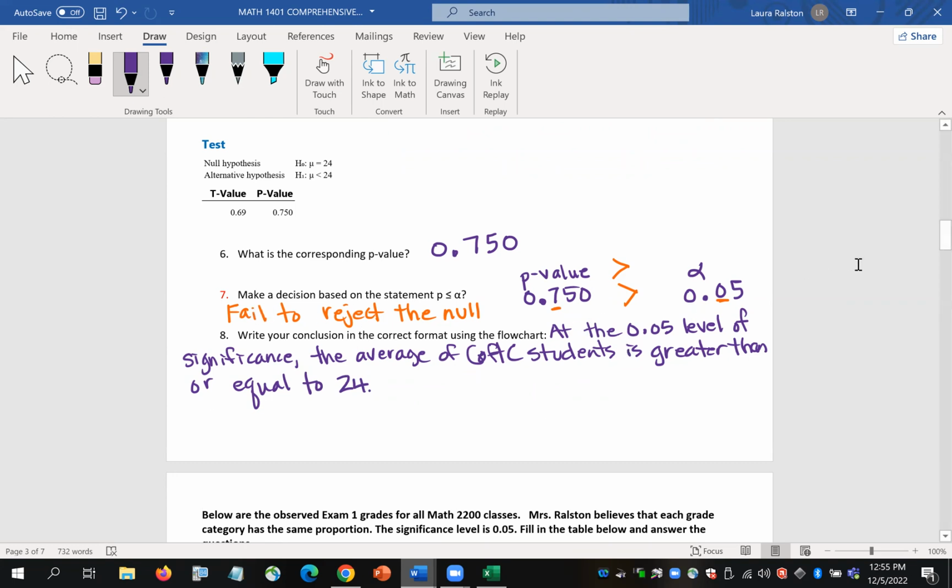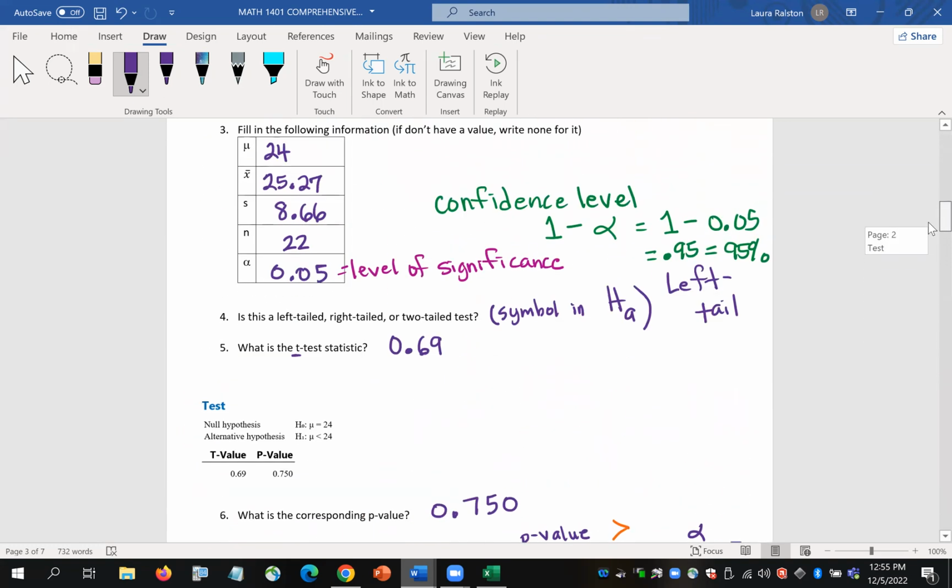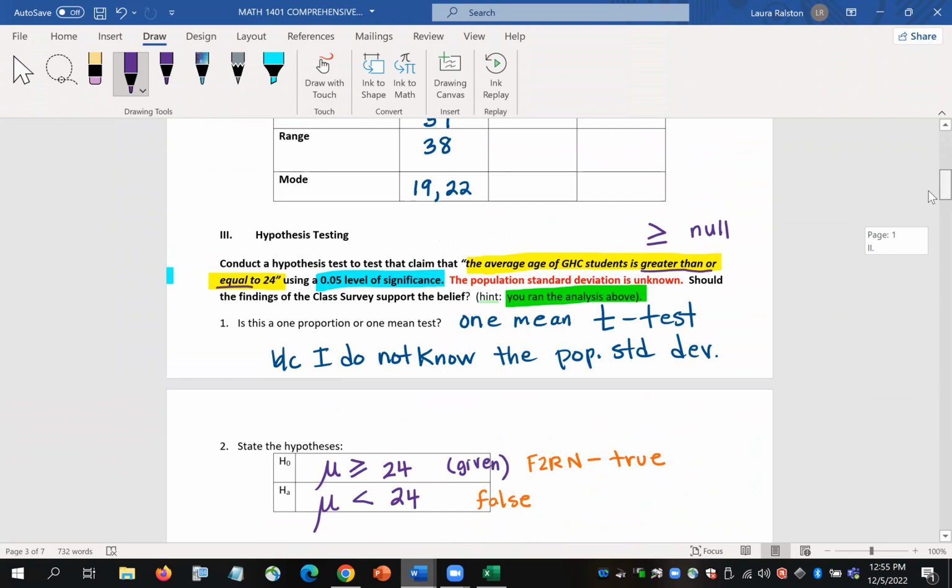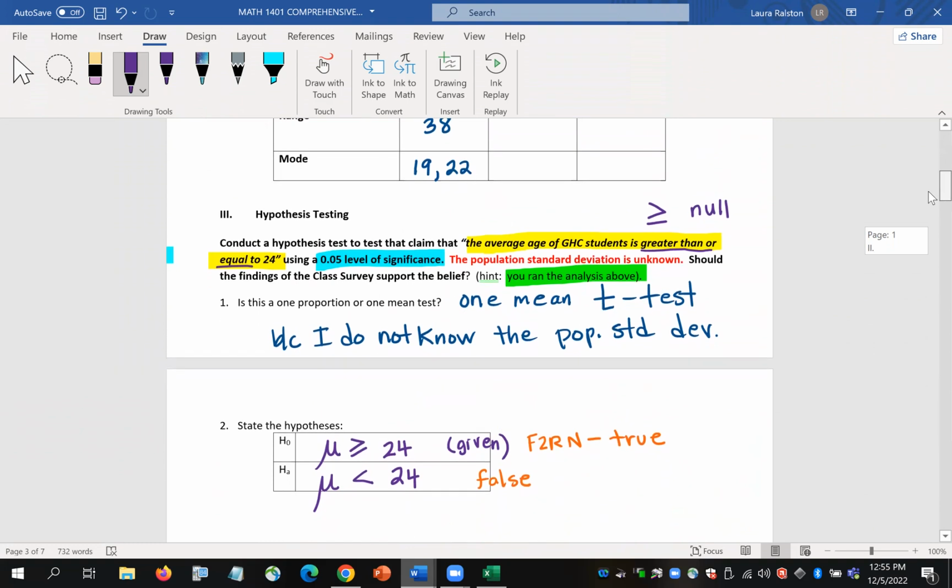Now, guys, that process has not changed. That is the same process that we have used for every hypothesis test that we conduct. You state the hypotheses, identify the players, calculate your test statistic and its p-value, make a decision, and write a conclusion.